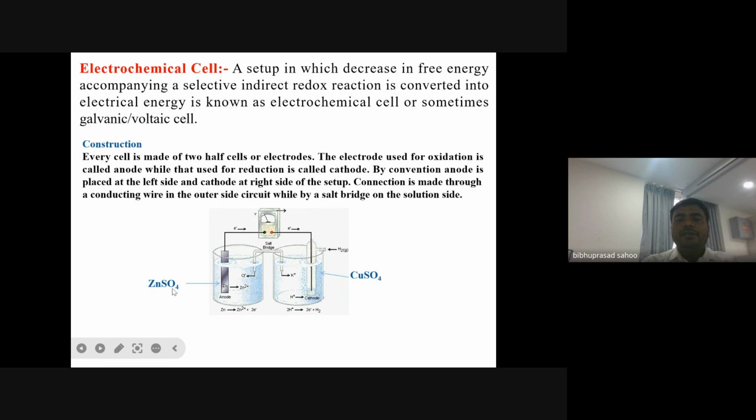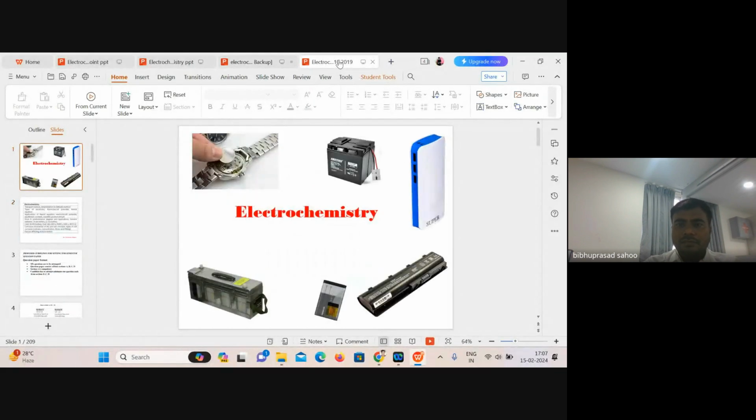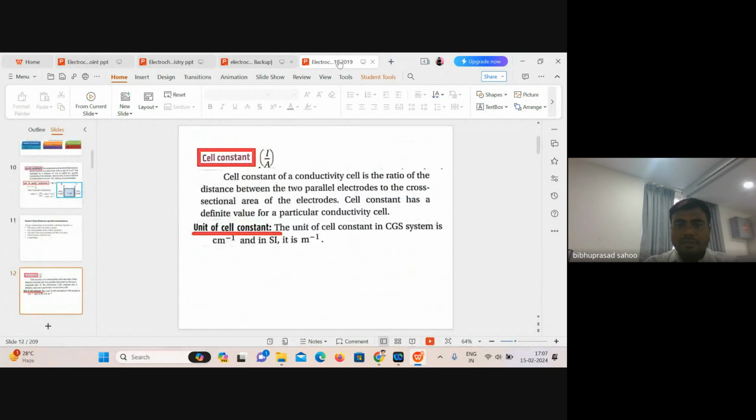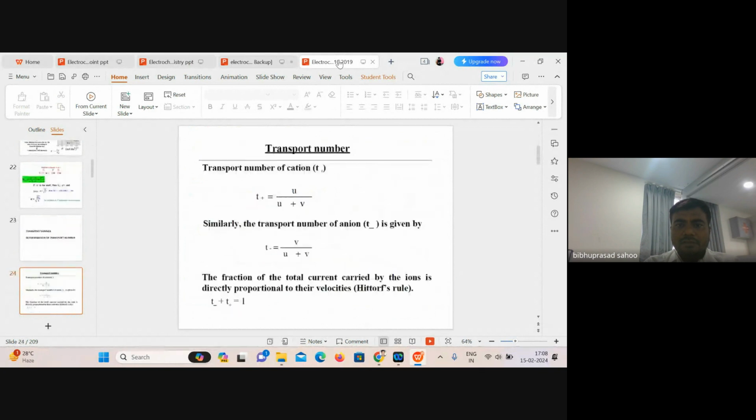Here zinc is dipped in an aqueous solution of zinc sulfate. Zinc sulfate is the electrolyte, and here the SHE is dipped in copper sulfate. Okay, copper sulfate is the electrolyte. For the example I can give you another diagram which will be more relevant.